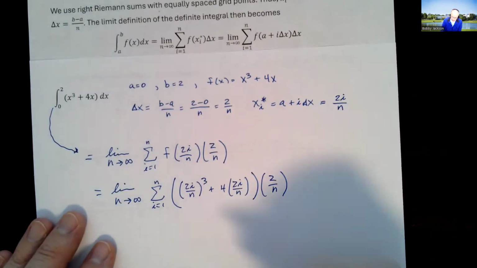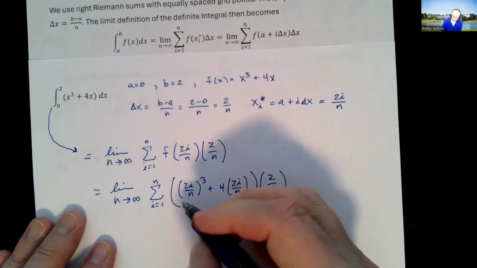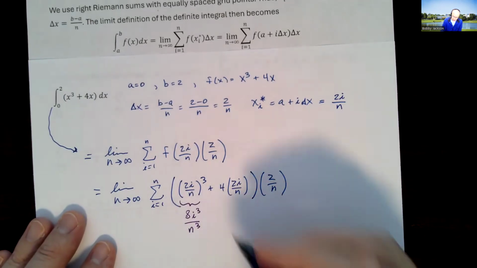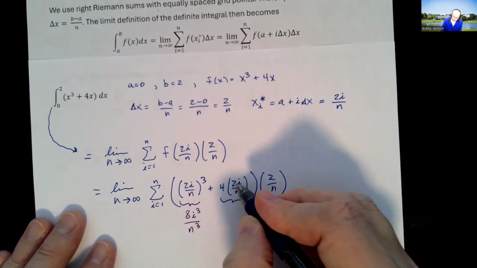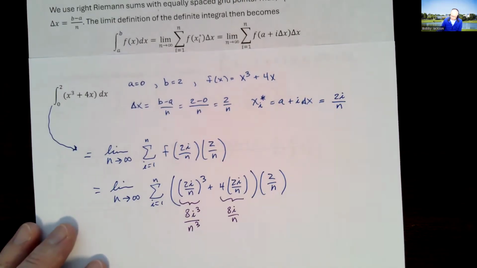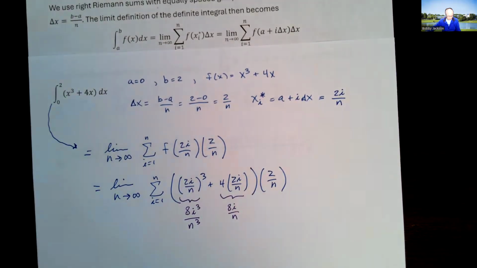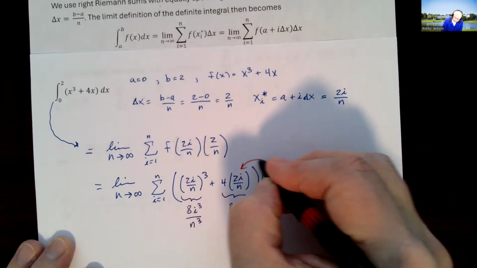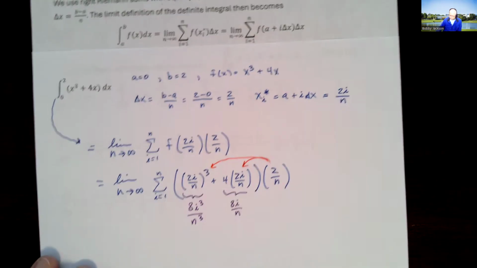Okay. Well, what is 2i over n cubed? If I cube it, I get 2 cubed, which is 8i cubed over n cubed. And what is 4 times 2i over n? It's 8i over n, right? So I've got those two things, and what am I going to do now? I'm going to distribute, right, this 2 over n times each of those things.